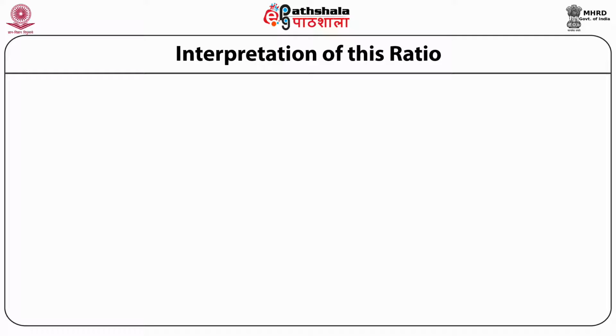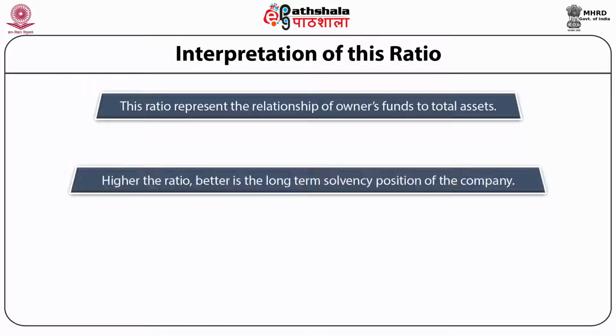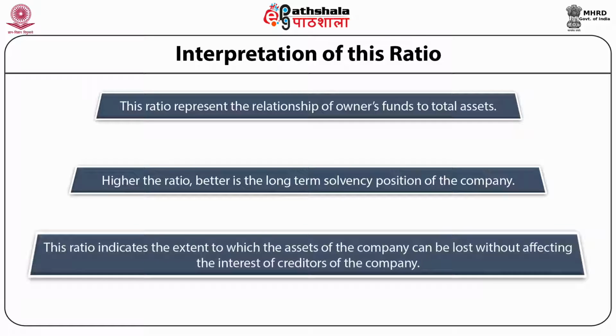Interpretation of equity ratio. Equity ratio represents the relationship of owners' fund to total assets. The higher the ratio, the better it is for the long-term solvency position of the firm or company. This ratio indicates the extent to which the assets of the company can be used without affecting the interest of creditors of the company.